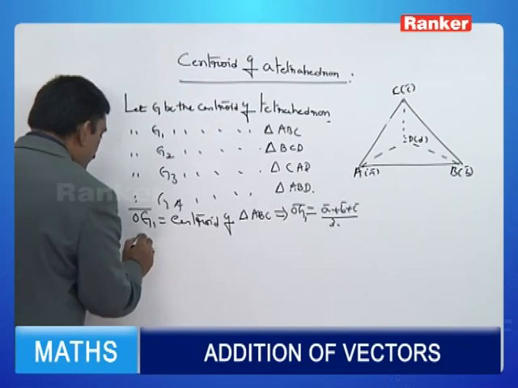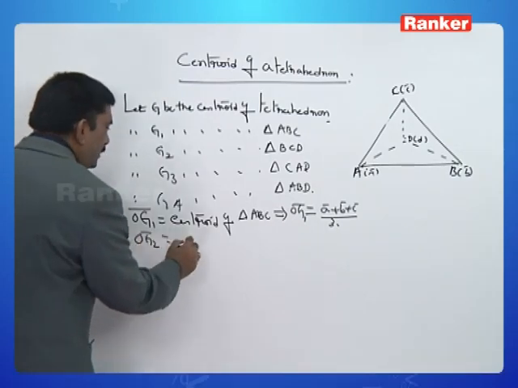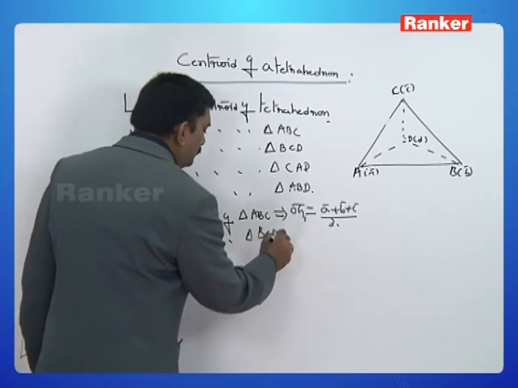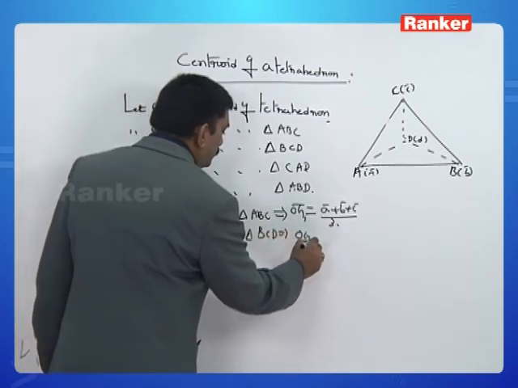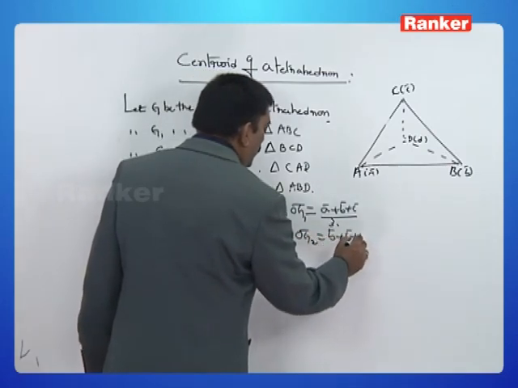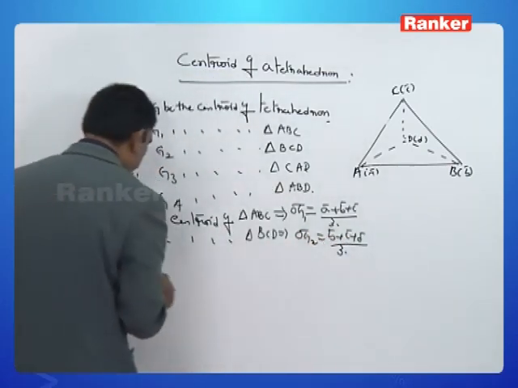Next, OG2, the centroid of triangle BCD, is equal to (B bar plus C bar plus D bar) by 3.